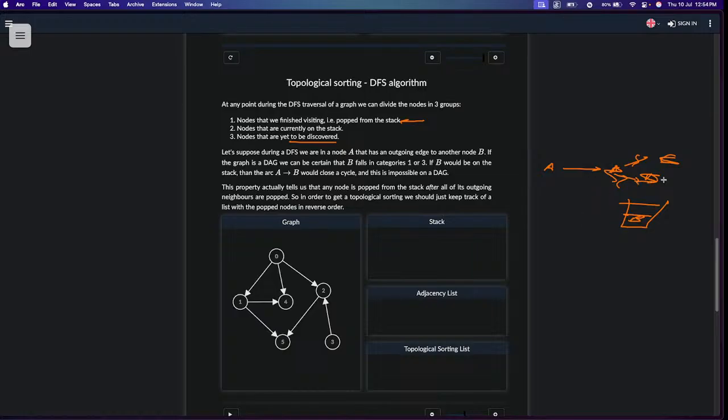So essentially, the most outgoing neighbor would be popped first and placed in the ordering. So it would be kind of a reverse order if you really look at it, right? So yeah.